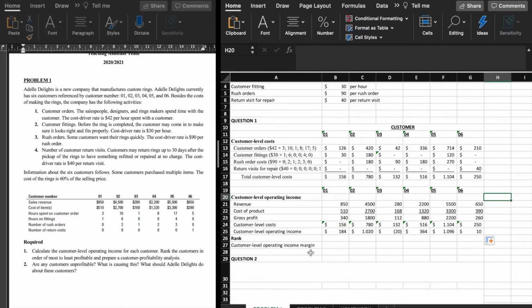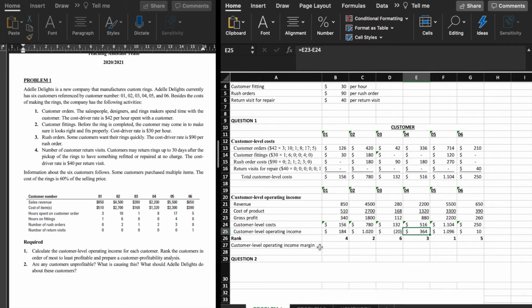After this, we need to rank the customers in order of most to least profitable. The most profitable is customer number 5, and then customer number 2, number 4, and number 1, and then number 6, and customer number 3 is unprofitable because it is negative here.